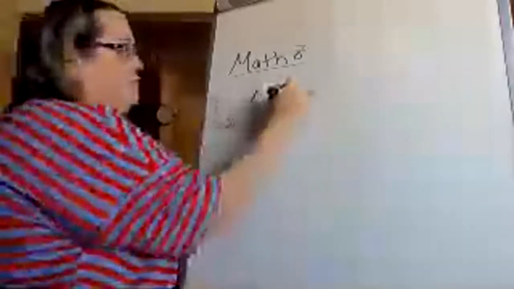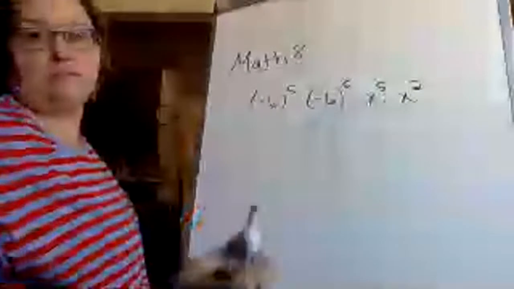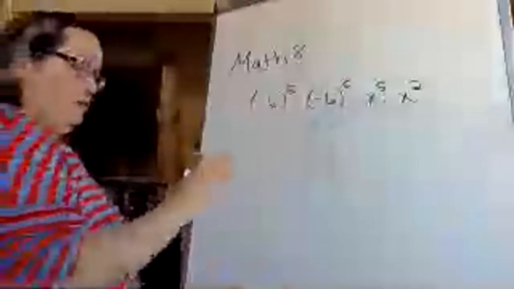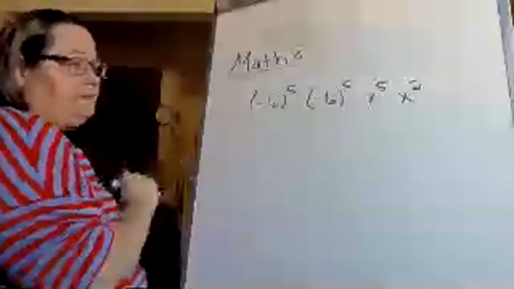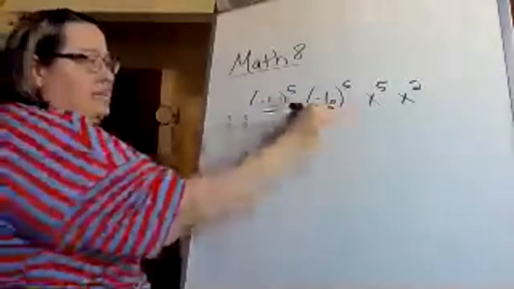Negative 6 to the 5th times negative 6 to the 5th, and x to the 5th times x squared. Okay, on this one, there are two ways of doing this. If I look at this, the base is -6.